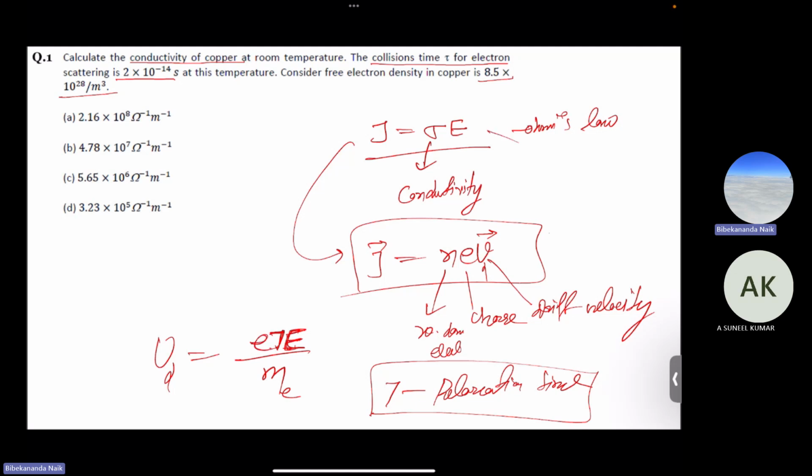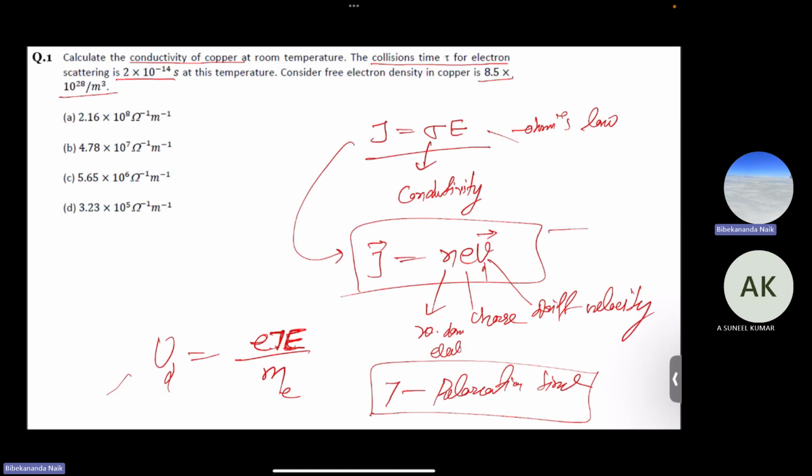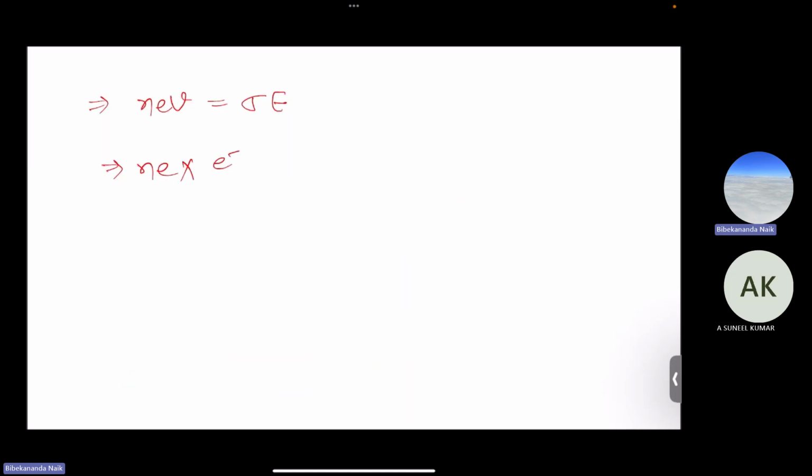Now if you equate all these relations, J = nev, so nev = σE. Again, ne times v, where v is eτE/m, so ne·eτE/m = σE.